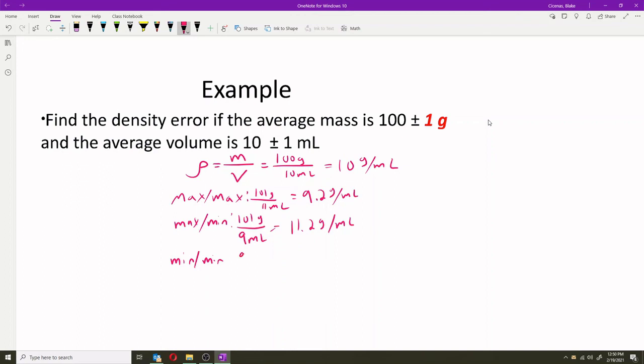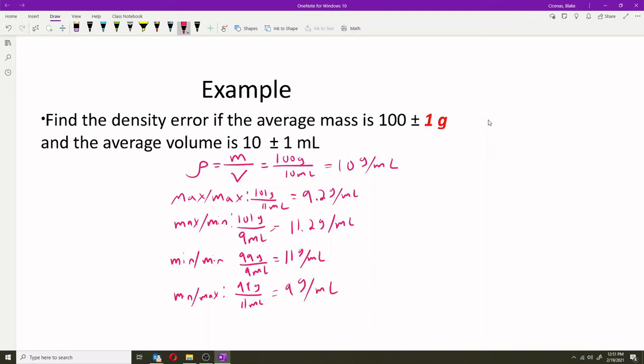So that's going to give me 99 grams divided by 9 milliliters. And that's just going to give me 11. I still need to double check that in my calculator. And then we'll do min max, which is going to be 99 grams divided by 11 milliliters to give me a 9.